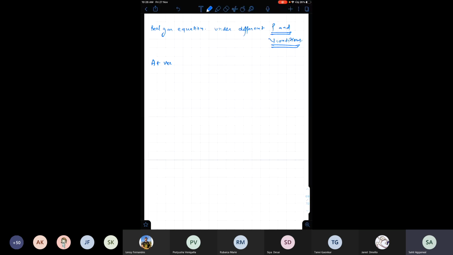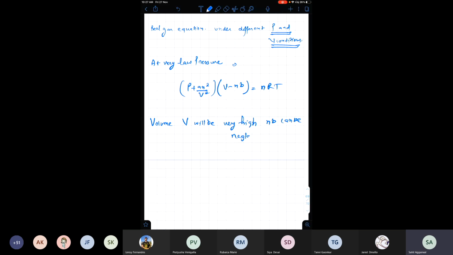At very low pressure, volume will be very high. nb can be neglected.